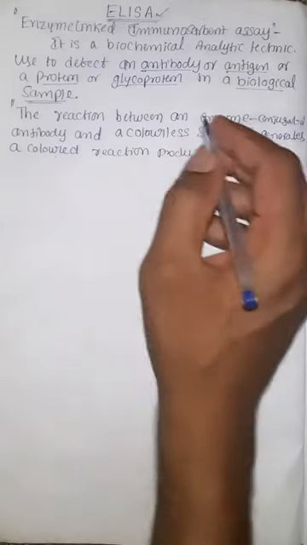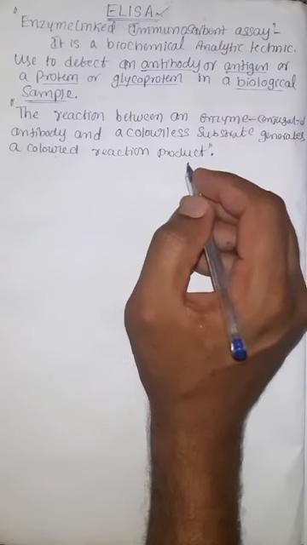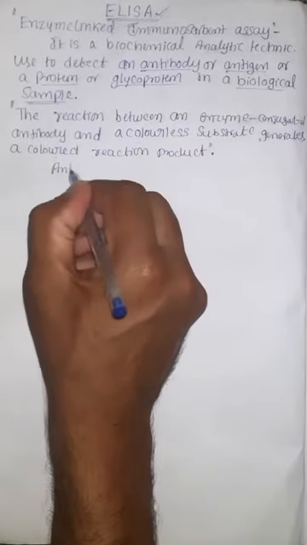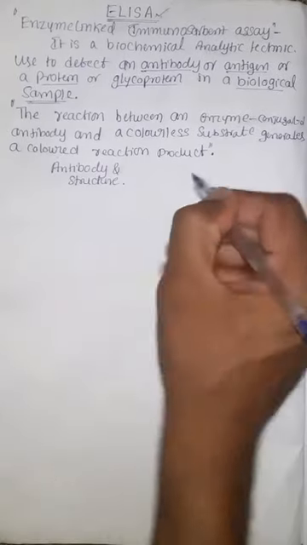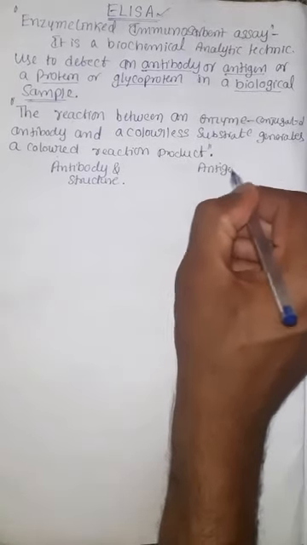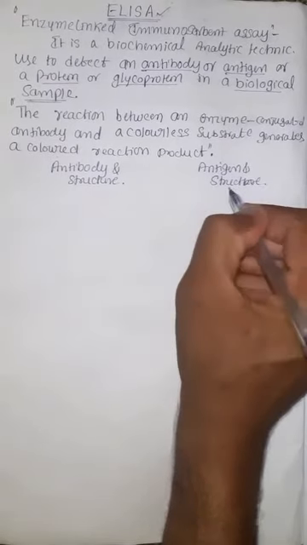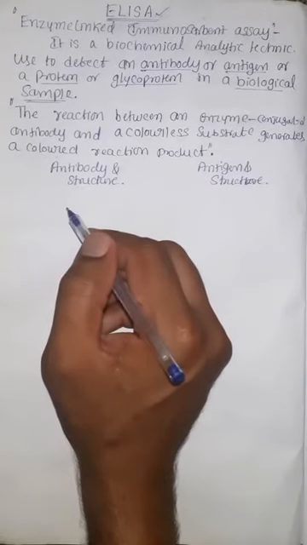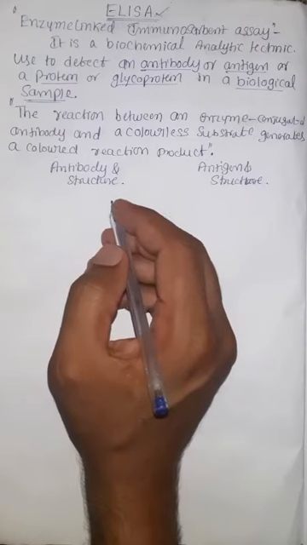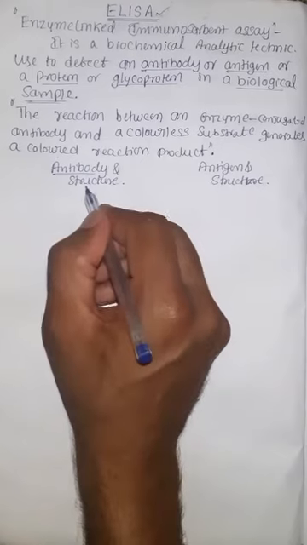Before we discuss these types and procedures, we need to understand 2 things clearly. One is the antibody and its structure, and the next is the antigen and its structure. We already discussed these things in the last video, but now I briefly explain it once again. A typical antibody is nothing but a protein, or immunoglobulin.